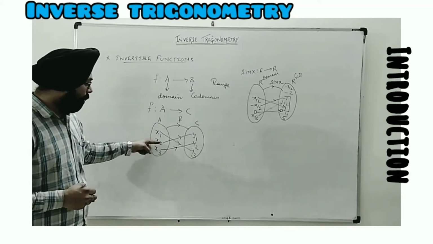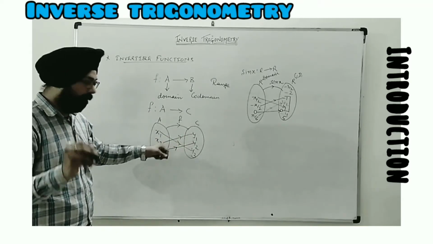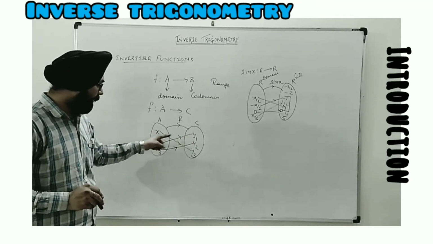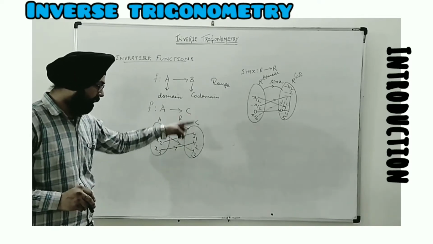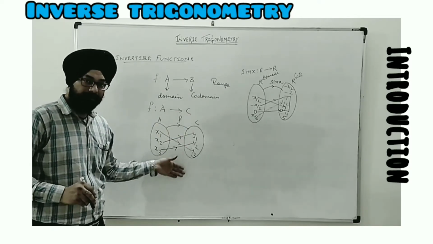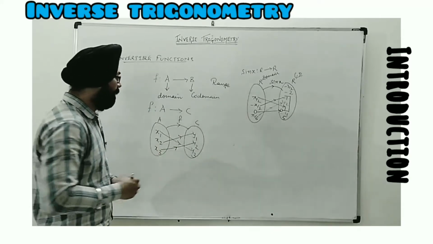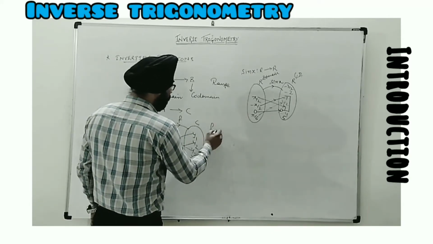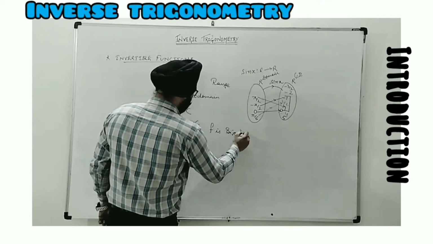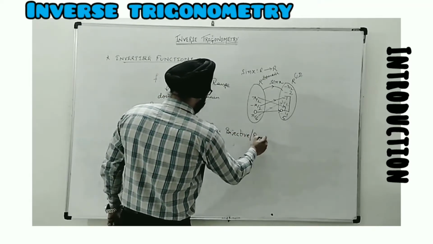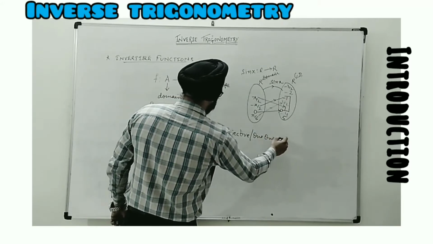Each element of the domain has exactly one image. Keep in mind, each element of the domain has exactly one image. And obviously, as I have taken the range here, no element will be left. In such a case, we say that the function f is bijective, or one-one and onto.